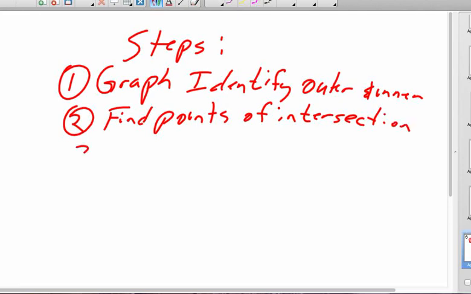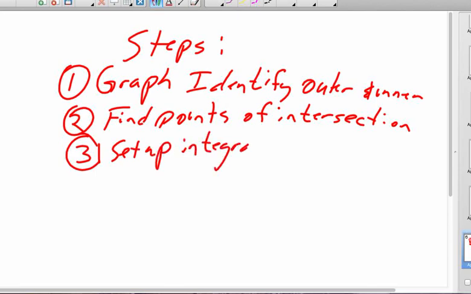And then step 3 will be to integrate. Actually, what I do is set up the integral of outer minus inner and simplify.